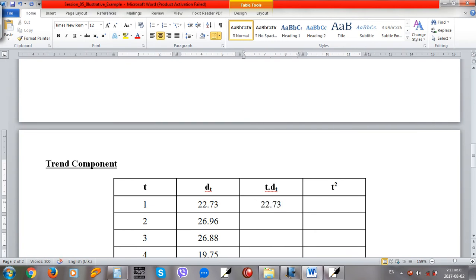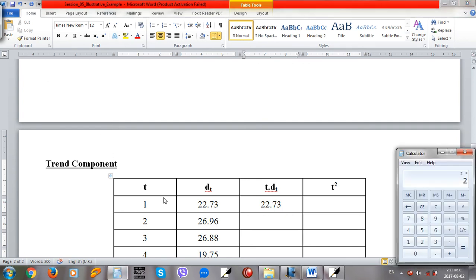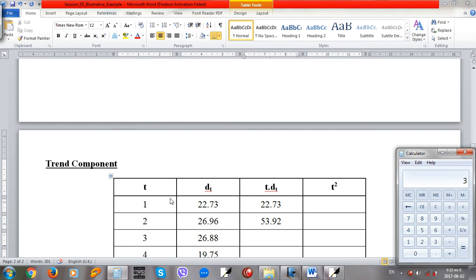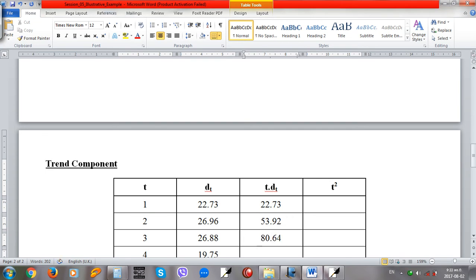And the next value is 2 multiplied by 26.96, the value comes as 53.92, right? Then you can find the next value, that is 3 multiplied by 26.88, that is 80.64, right? Likewise you can find the other values by multiplying the values in these two columns.